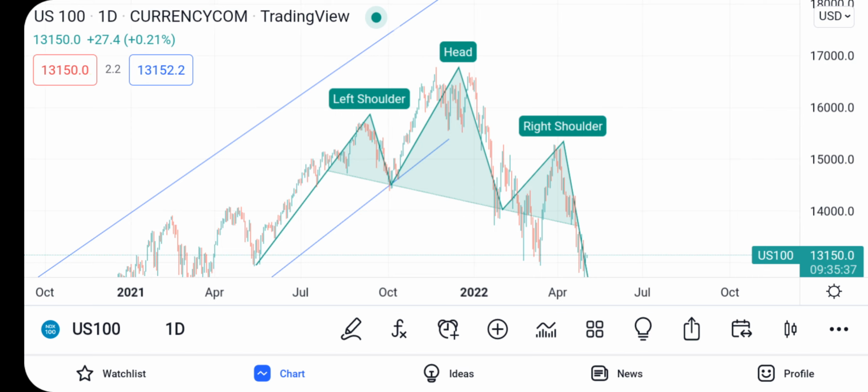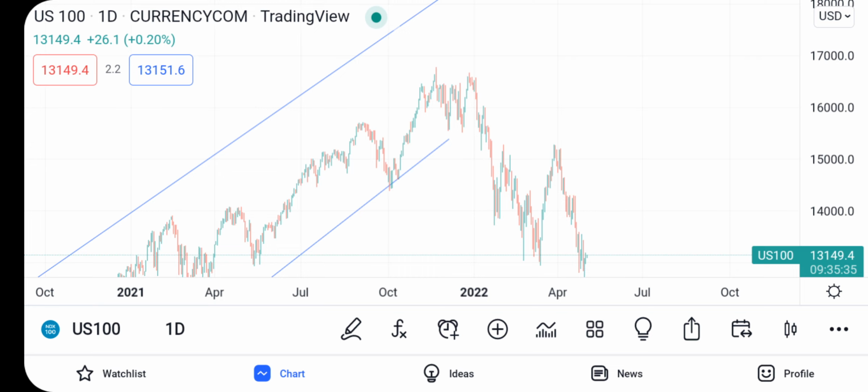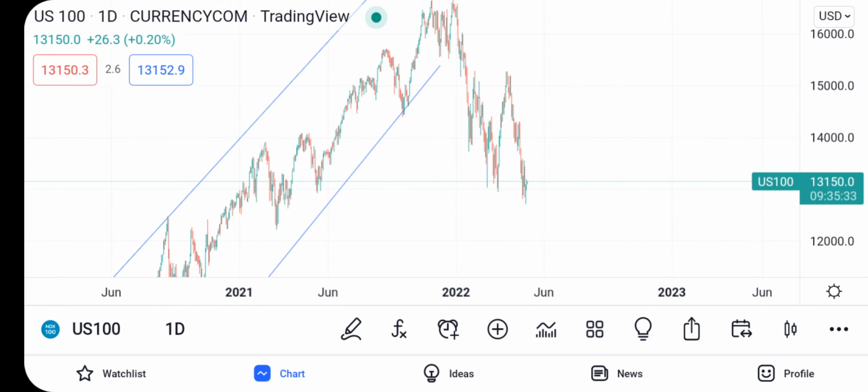Because I spotted that head and shoulders there, I know this one is going to the downside. After the break to the downside, what happened? The market shot up and went down, shot up, made a double top there, and shot to the downside. So for me, ascending channel first, then another confluence.